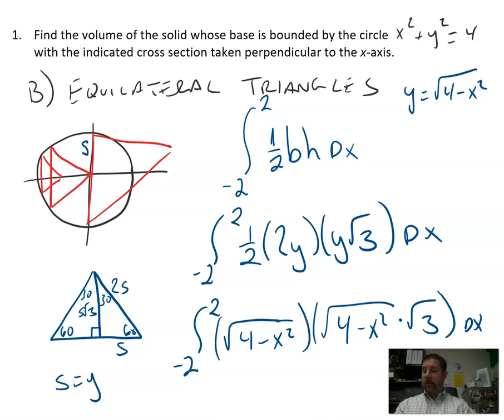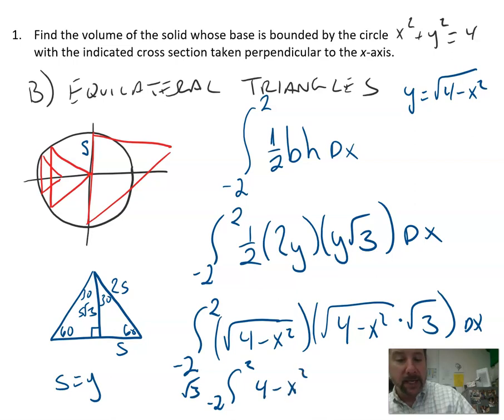I can even pull out this root 3 to the very front so that I don't have to deal with it. And really then we can just integrate, -2 to 2, with the root 3 in front, of 4 minus x squared dx. So you can see that these simplify down to something that is really not bad at all.